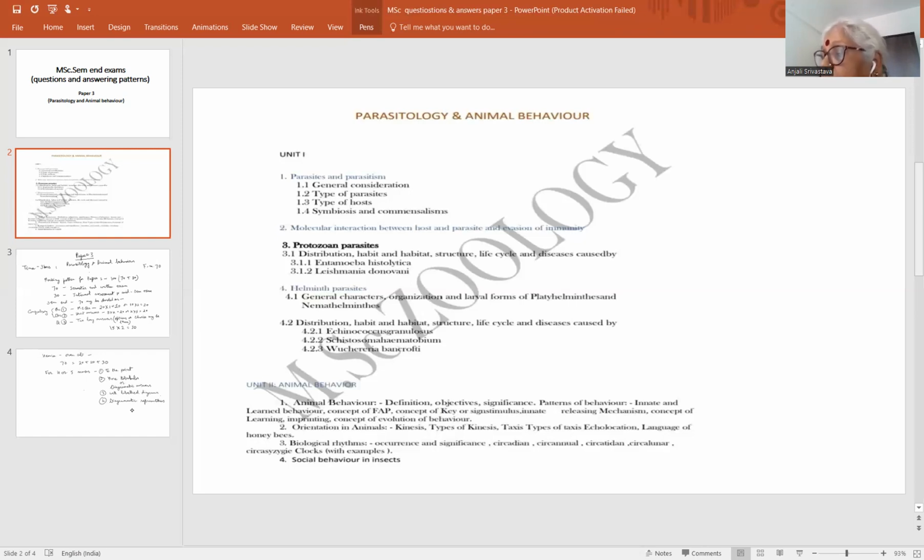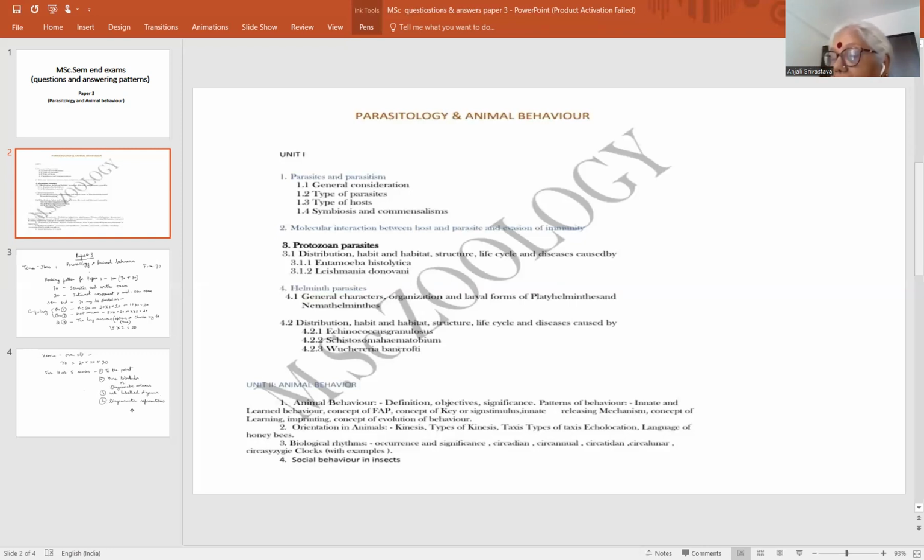the types of host parasite communications, that is symbiosis, commensalism, mutualism. Sorry, it is commensalism, not communalism.